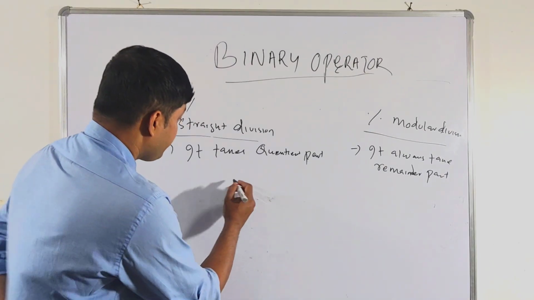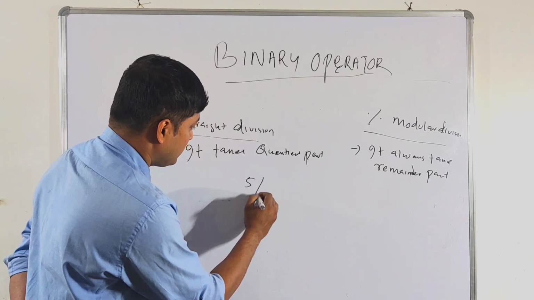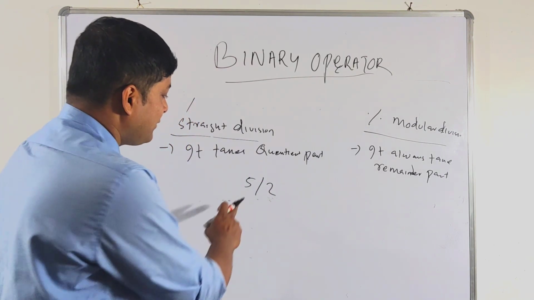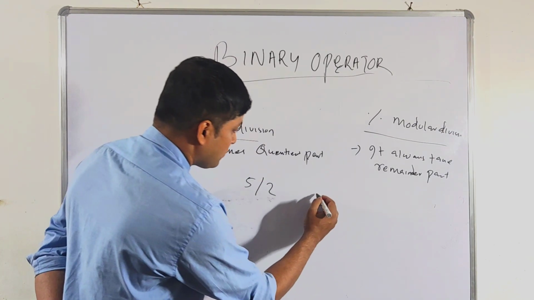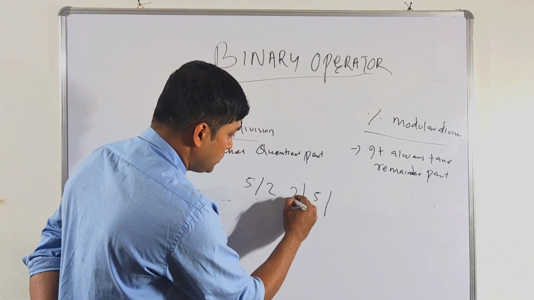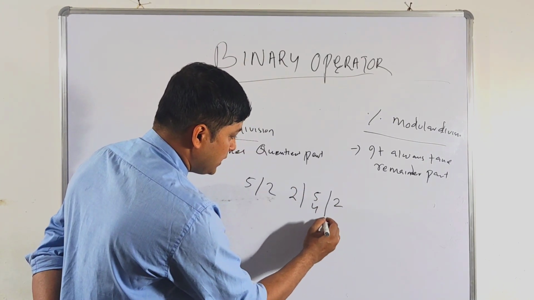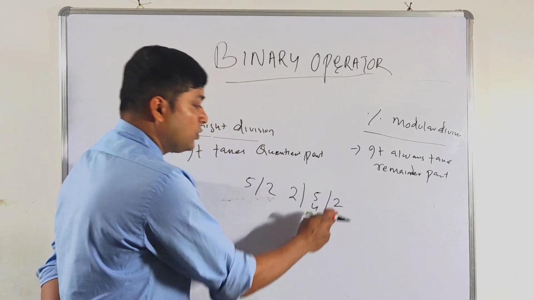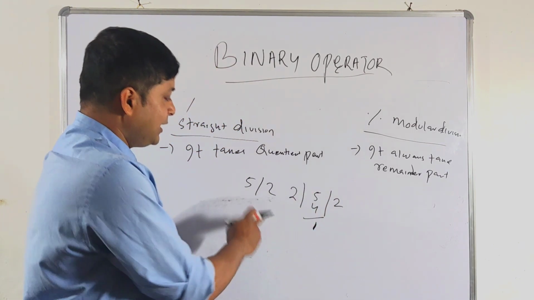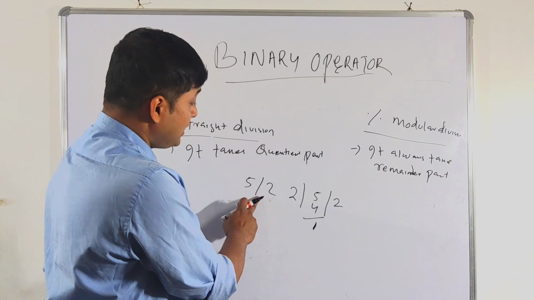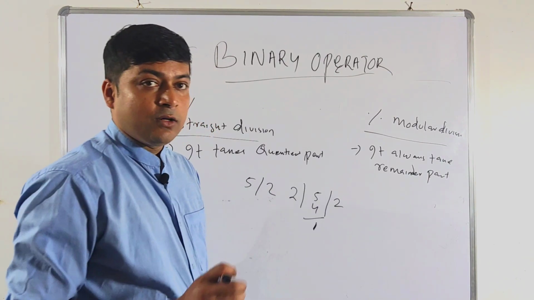Suppose I am writing 5 straight division 2. So 2, 4 is there, remainder 1. Don't put any fractional value, because you are taking integers, so it will always return an integer value.